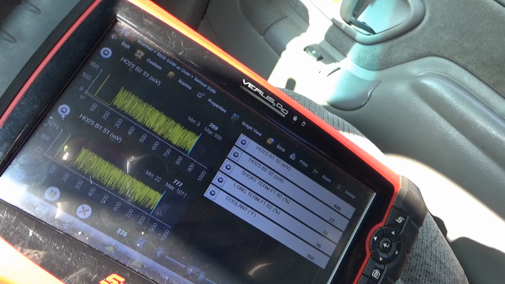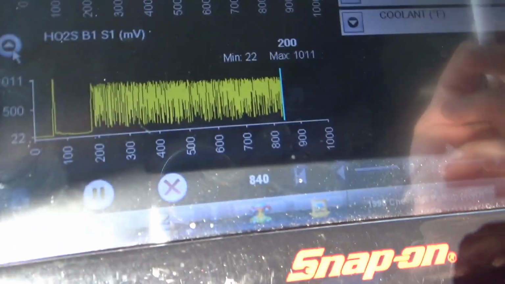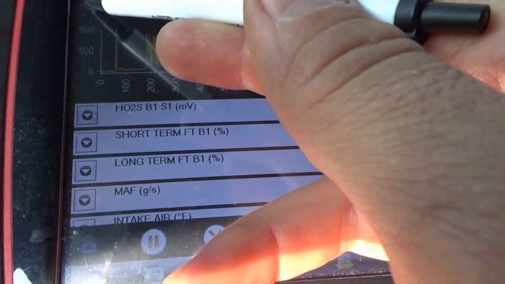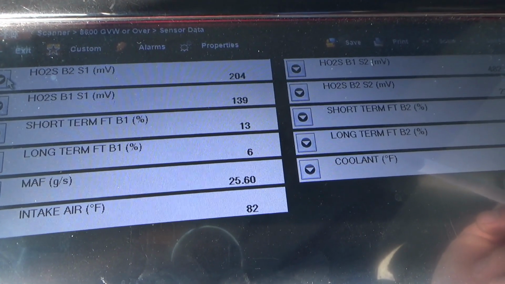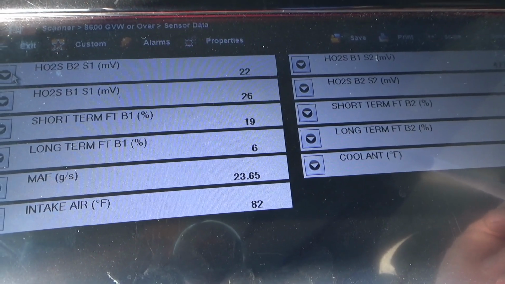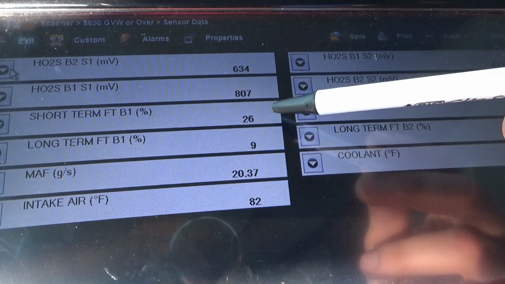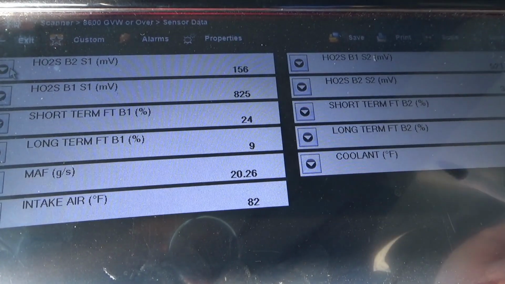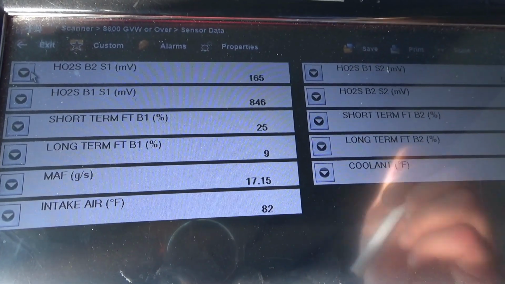Look at that. Alright, so it's definitely in closed loop. We can see short and long term trims across the board are at 15%. Climbing, climbing, climbing. There you go, 25%. So the long term is going to learn. So it's lean across the board all the time.